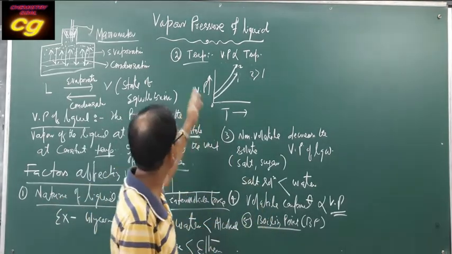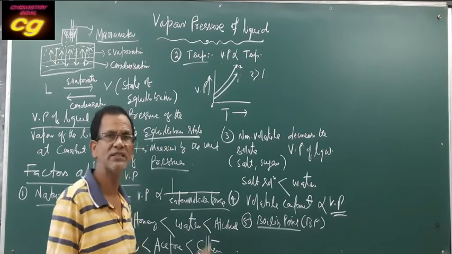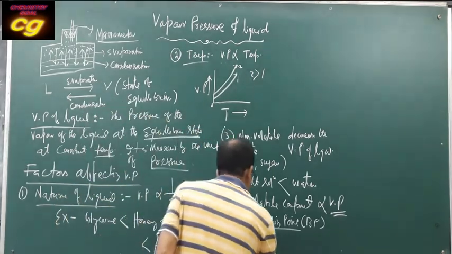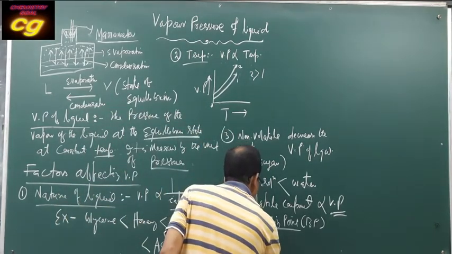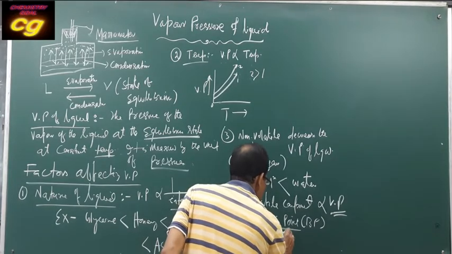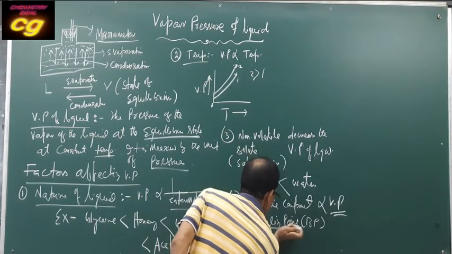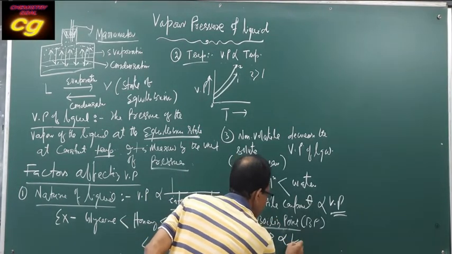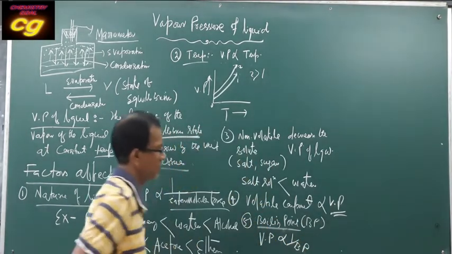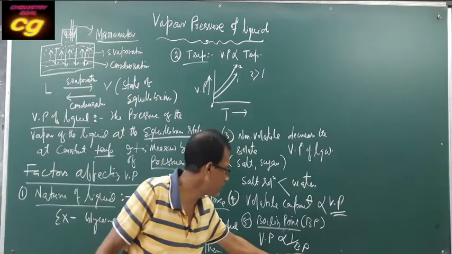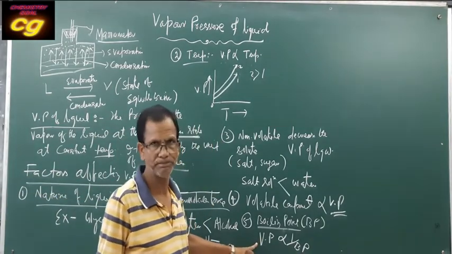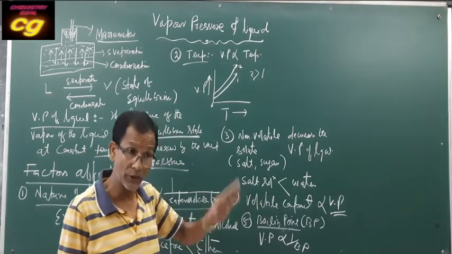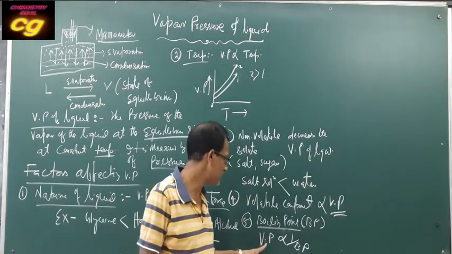But boiling point and vapor pressure are inversely related. Remember, vapor pressure is inversely proportional to boiling point. Very important: high boiling point of a liquid means low vapor pressure. If a liquid has a higher boiling point, then vapor pressure is low.